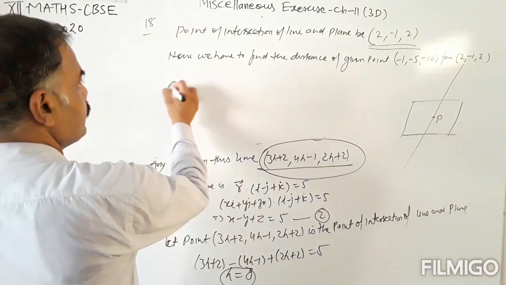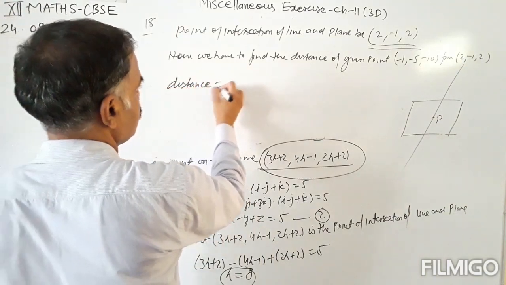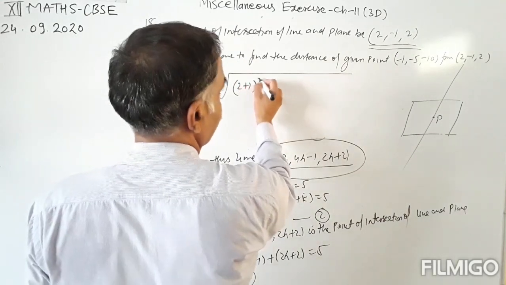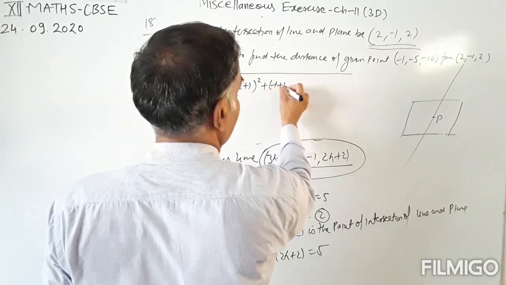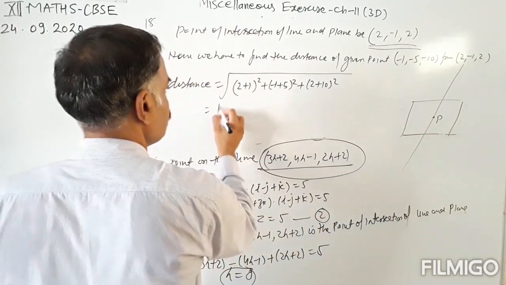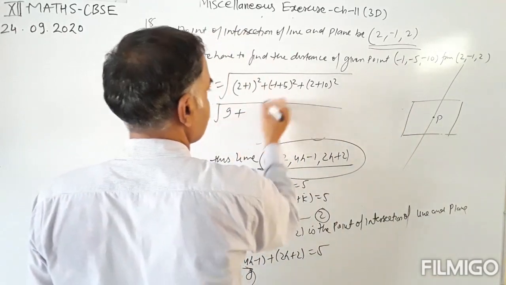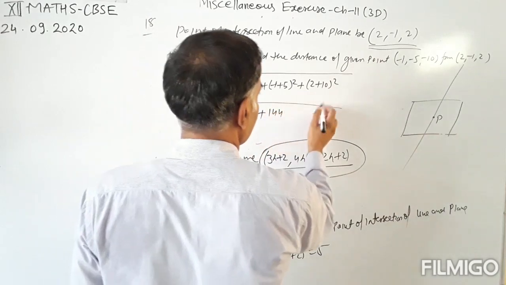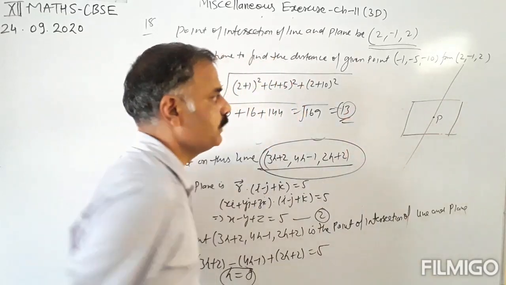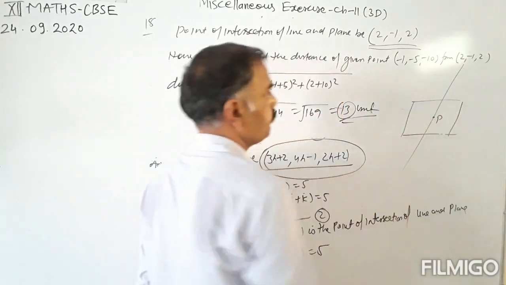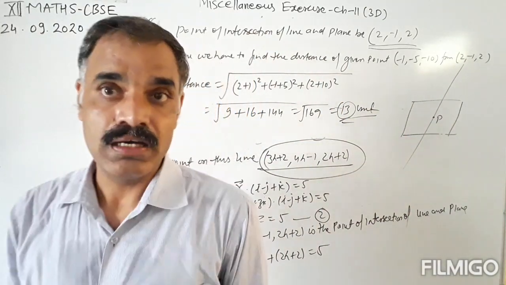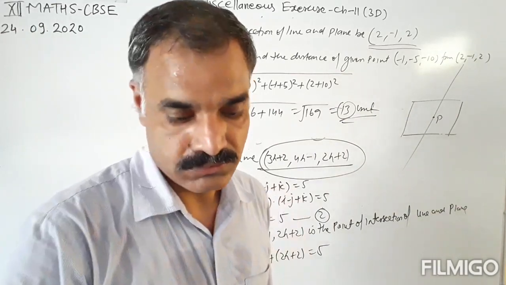Okay, so using the distance formula, x2 minus x1: 2 plus 1 whole square plus minus 1 plus 5 whole square plus 2 plus 10 whole square is equal to under root 9 plus 16 plus 144, which is under root 169, equal to 13. So 13 units is the distance of the given point from the point of intersection of the line and the plane.